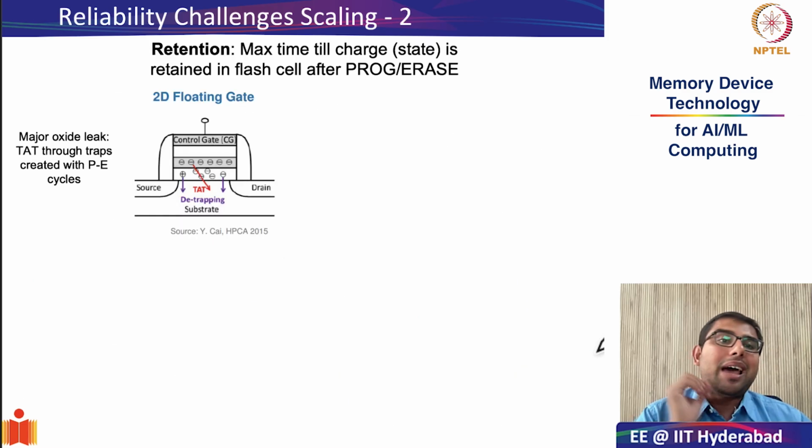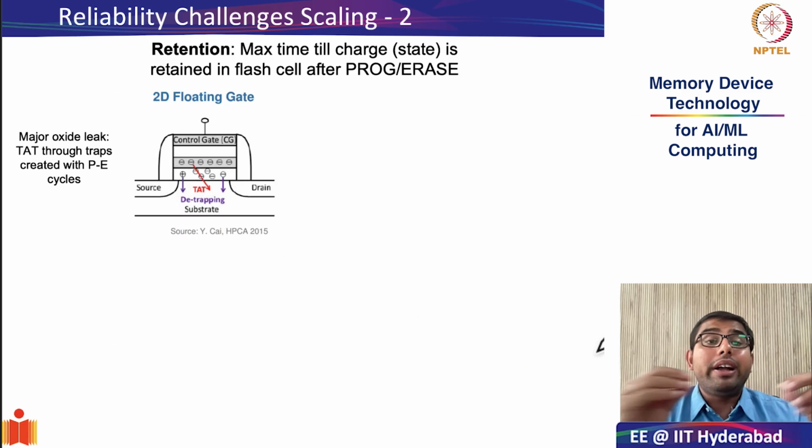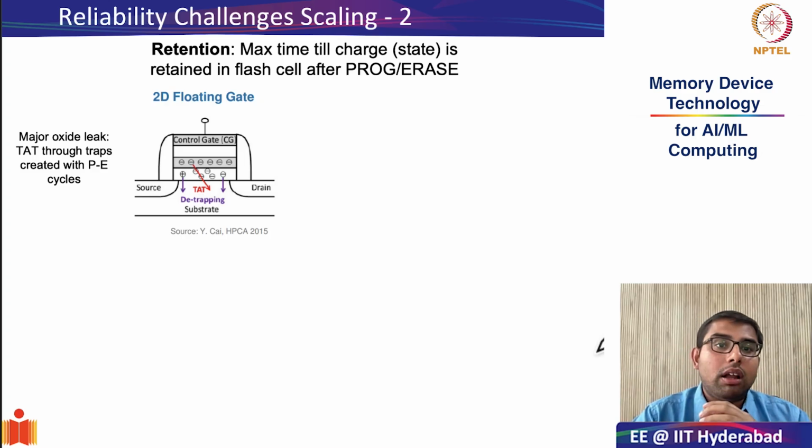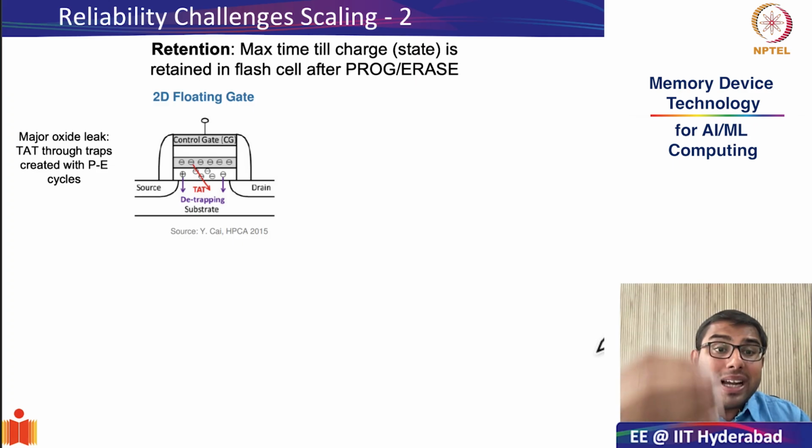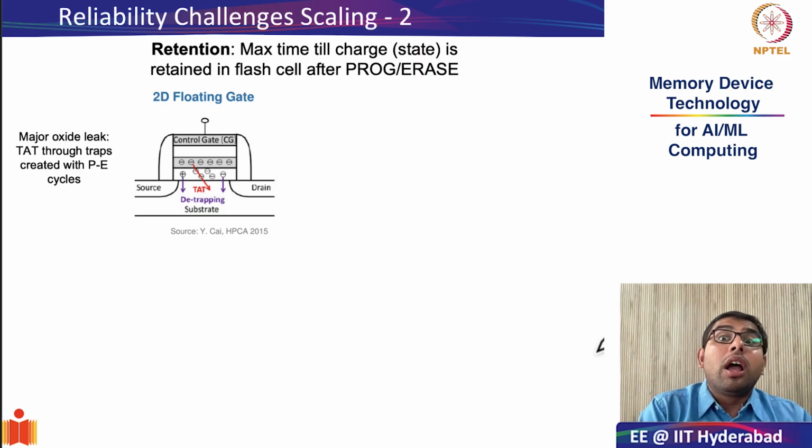The second reliability challenge is called retention. What is retention? Suppose I store some bit into the flash cell. How long after the bit has been stored can I read it out without seeing any loss?